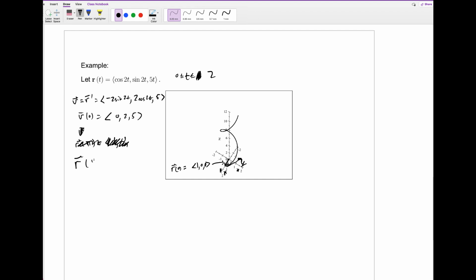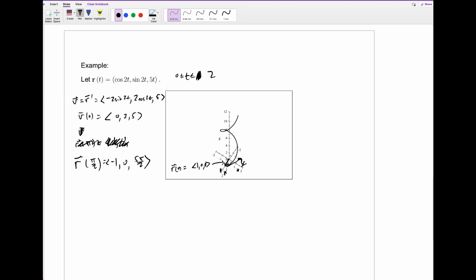Let's look at r of pi over 2. When t is pi over 2, we're at position cosine of pi, which is negative 1, sine of pi, which is 0, and the z-coordinate is 5 pi over 2. 5 pi is 15.5, almost 16, so this is a little bit less than 8.